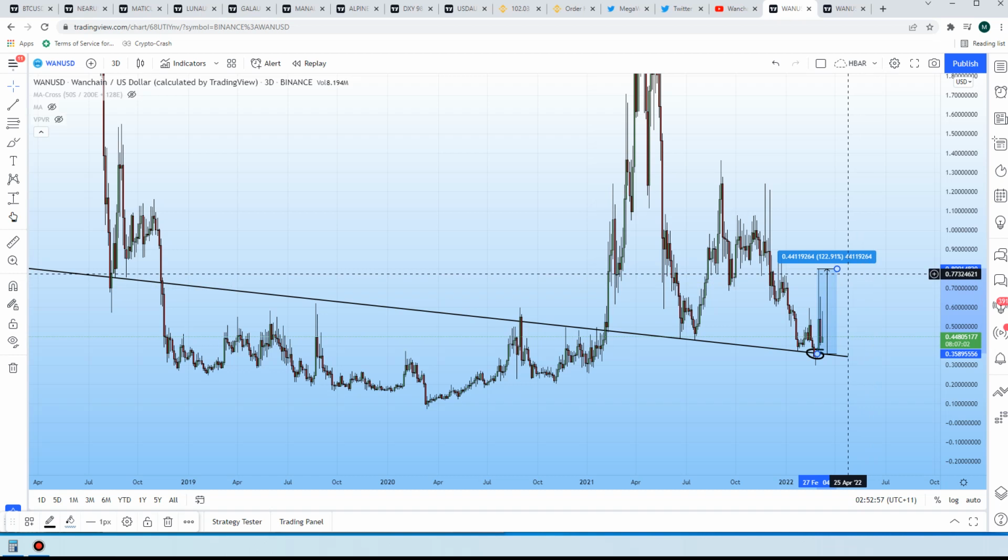We're going to discuss today why we saw that move, what led up to the move, and what we expect to happen next. We're going to focus a little bit more on the shorter term for Wanchain rather than taking a bigger picture look at where we think it's going to head in the long term. The reason being is because Bitcoin is in quite a volatile position right now.